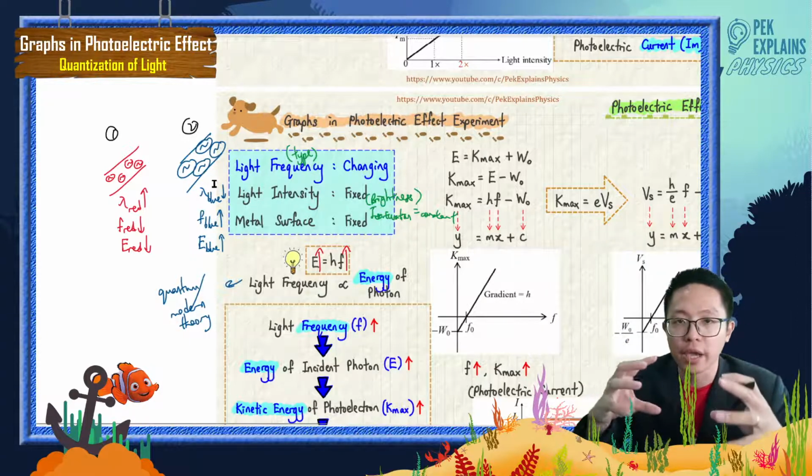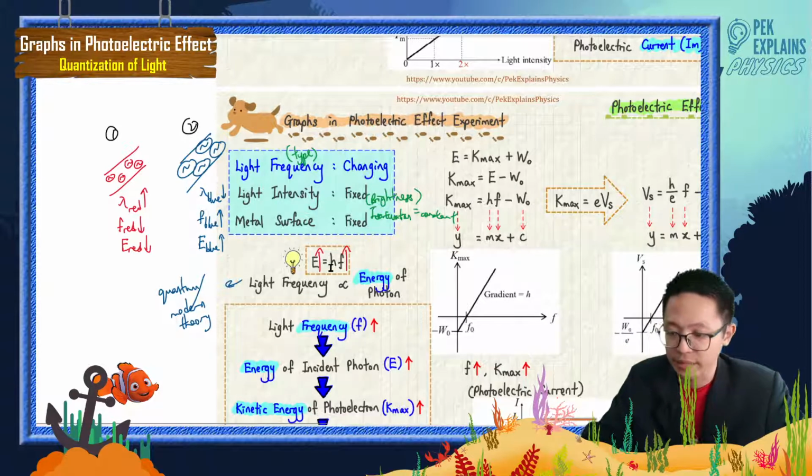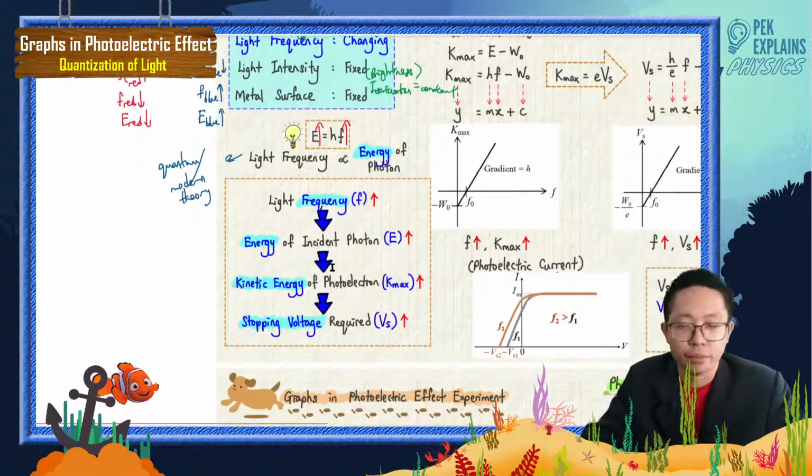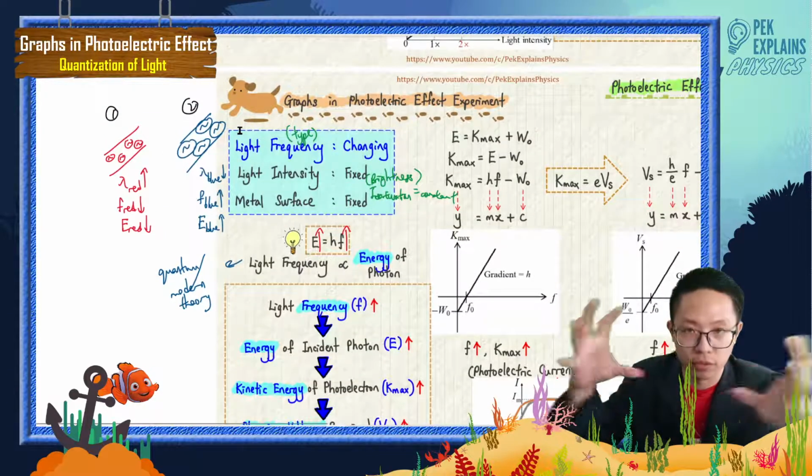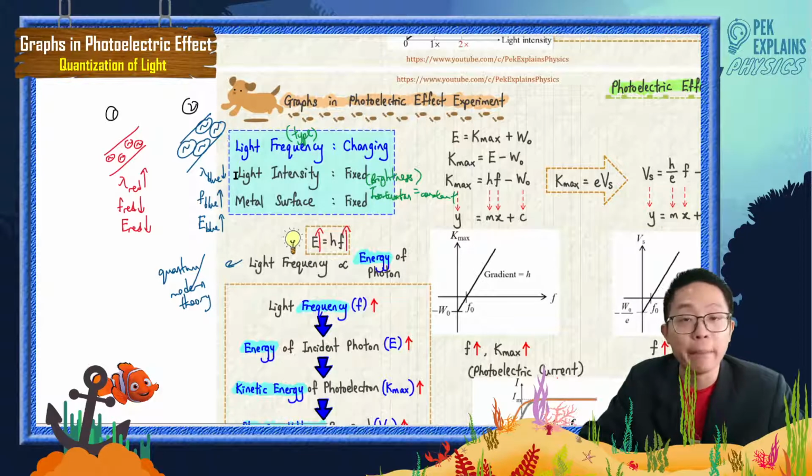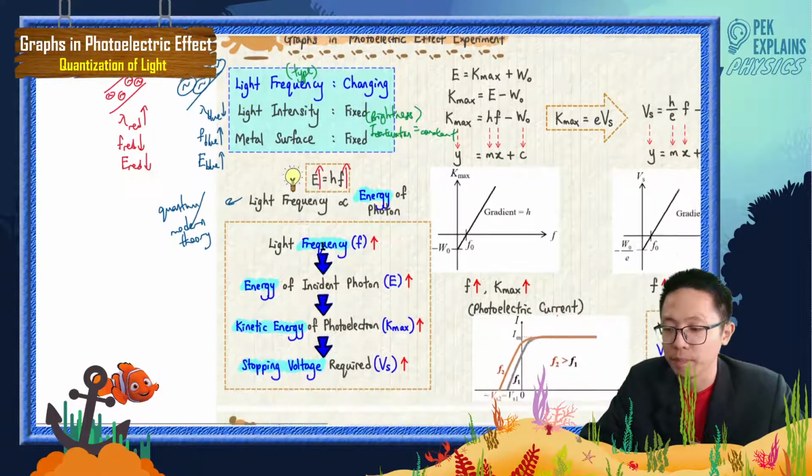Bigger photon carries more energy, right? So we can predict something like this. The higher the frequency, the energy of each incident photon is bigger, like a bigger photon. But the number of photons is still the same because of the same intensity.